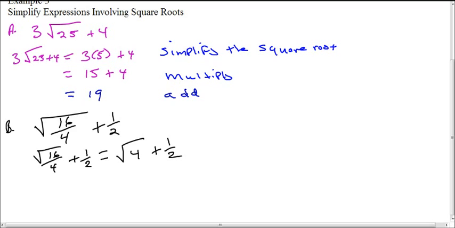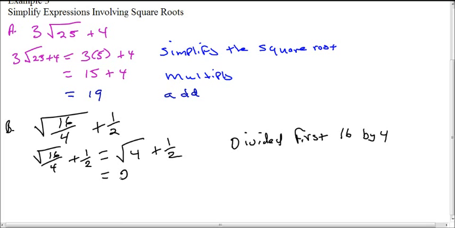Okay, so let's keep moving. Now, I must solve what's inside of the radical. So remember right here, I divided first: 16 divided by 4. Afterwards, I'm going to look at, well, what's the square root of 4?